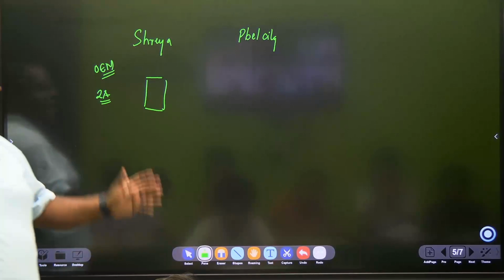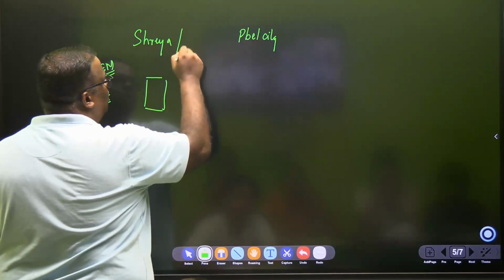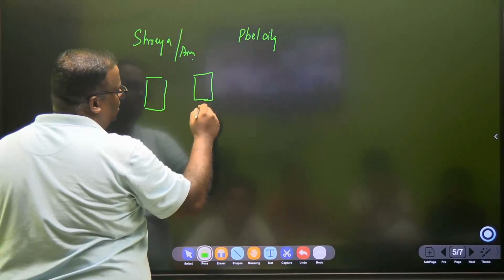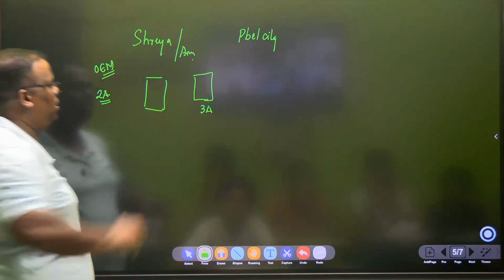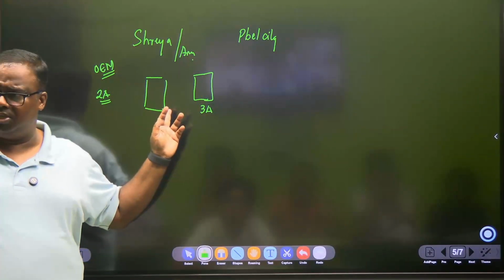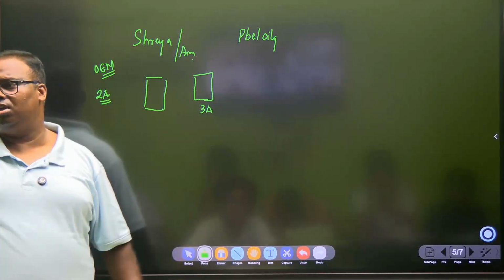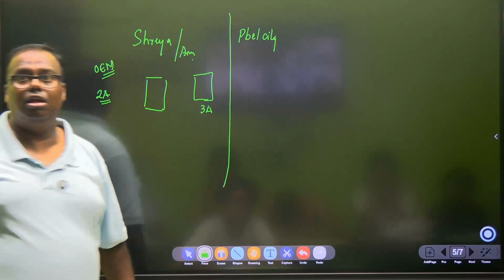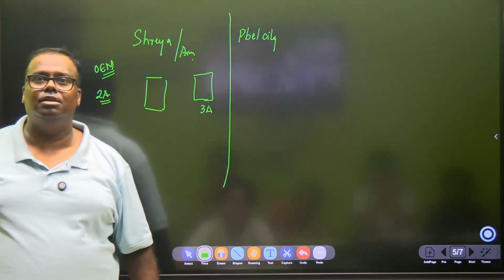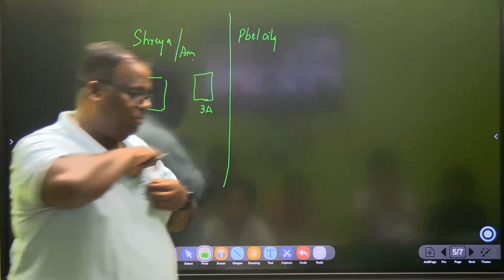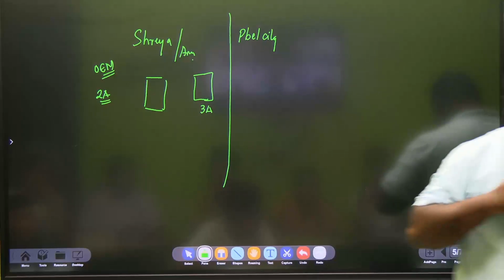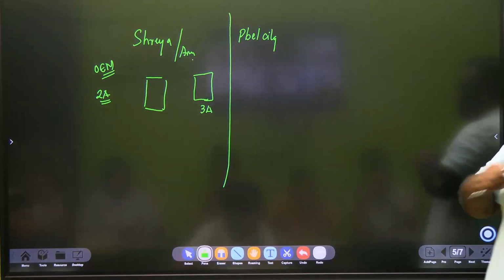Understood? And another friend has also come. Let's say Anurag has also come. His phone is marked with a 3 ampere charger. Can you hear me now?